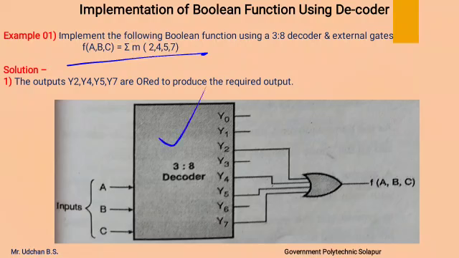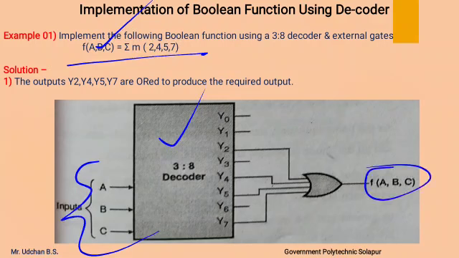This is a 3 to 8 line decoder which has 3 inputs, A, B, C, and 8 output lines. Out of those 8 output lines, we are going to OR the output lines Y2, Y4, Y5 and Y7 to produce the required output.